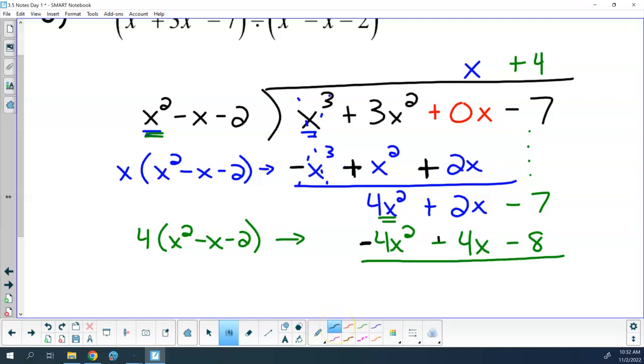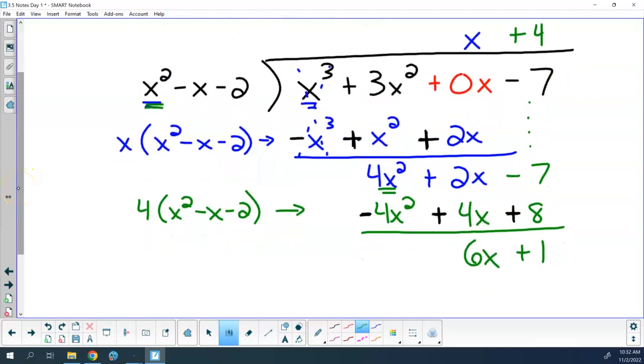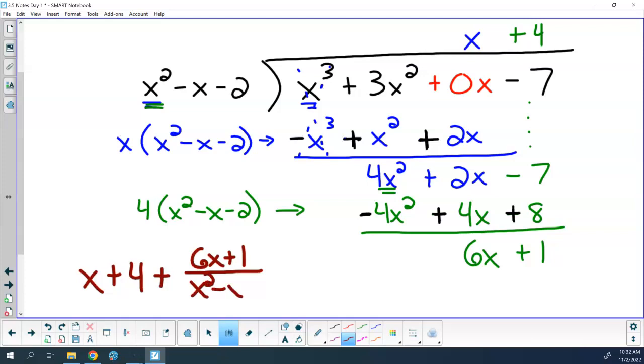Change all of the signs. 6x plus 1. So the answer here would be x plus 4 plus 6x plus 1 divided by x squared minus x minus 2.